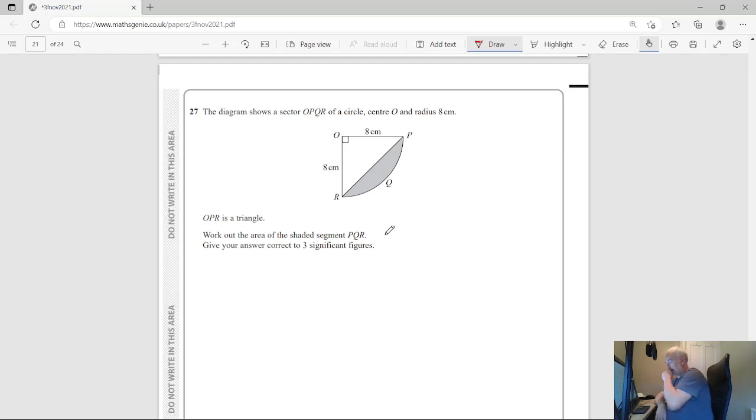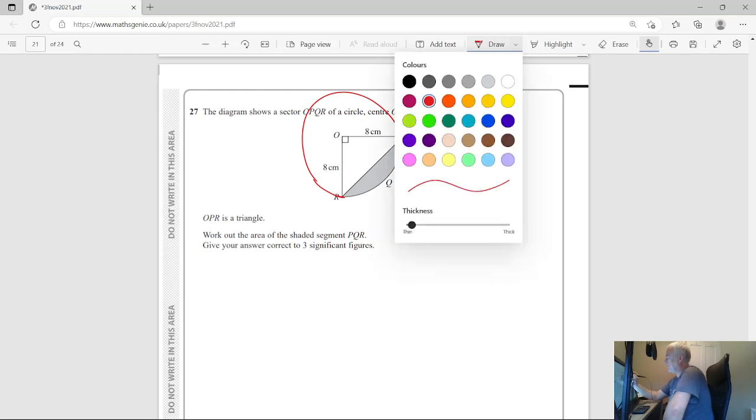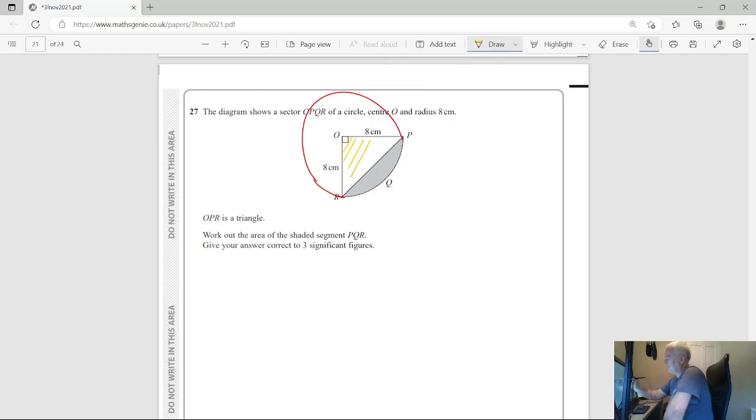If we think what we've got all told, we've got a circle going around there. That's a really bad circle, but you get the idea. We know the radius, so we can work out the area of the whole thing. So let's work out for a start this part of the area here. We've got 1/4 of a circle.